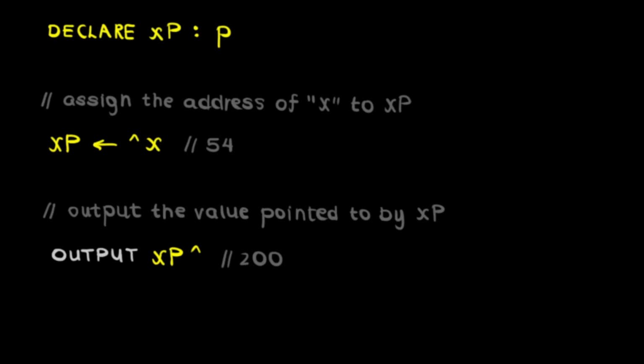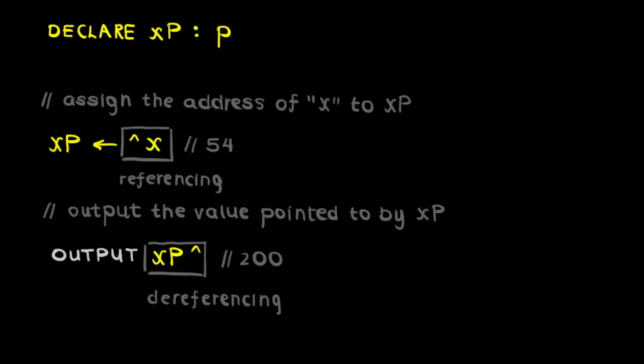So the idea is this process of getting the address of a variable in memory is called referencing. And the second step of getting the value given an address is called dereferencing.